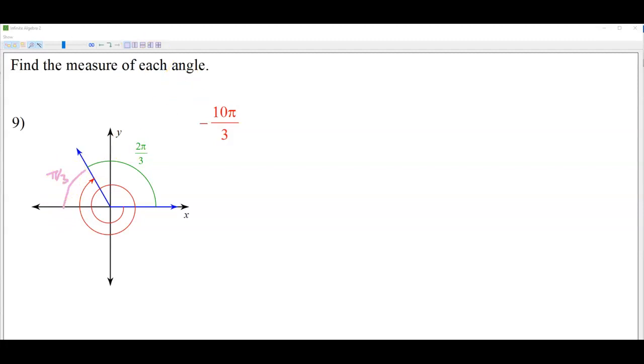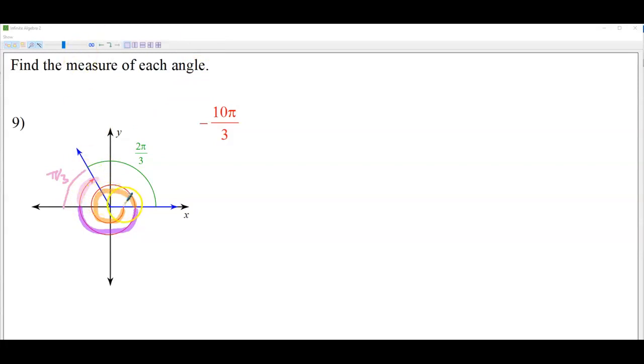All right, now we're ready to go ahead and find the measure of our angle. So we know that from here to here, I'll use a different color so it doesn't match the pink there, that's a full circle. And then from here to here is a half circle. And then finally, from here to here is the missing piece that we found.